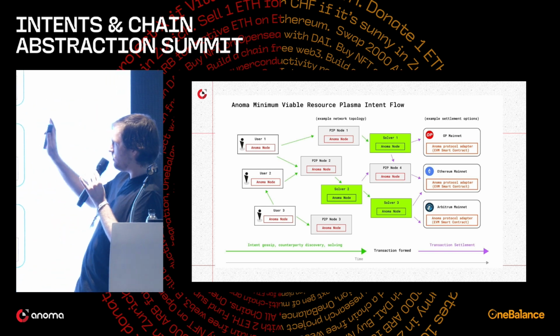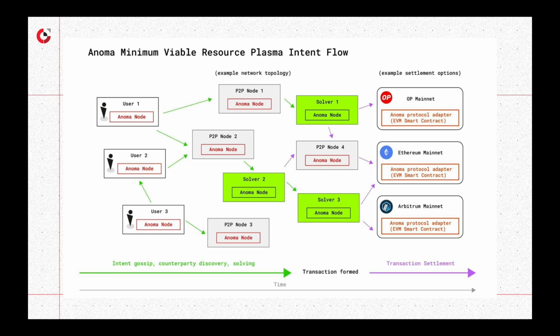So in one diagram that I will go through, this is the intent flow of minimum viable resource plasma. And by intent flow, I mean that in Anoma, we always think about our problems of distributed systems design from the perspective of a user who has an intent, or really many users who have many intents. Those users with intents demarcate the boundary of the system, right?